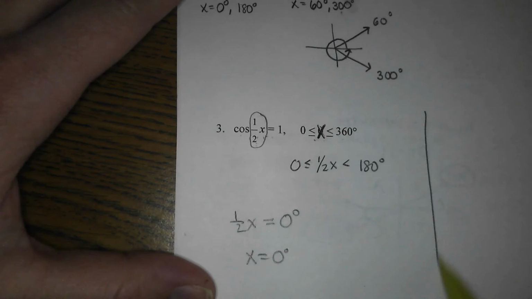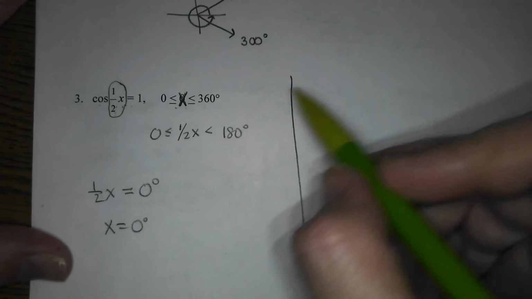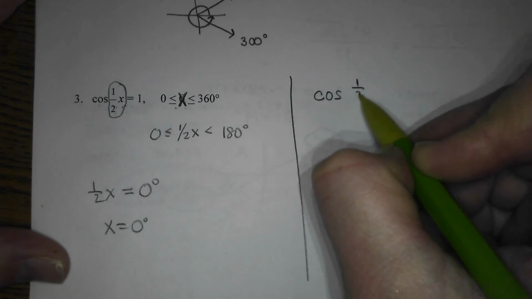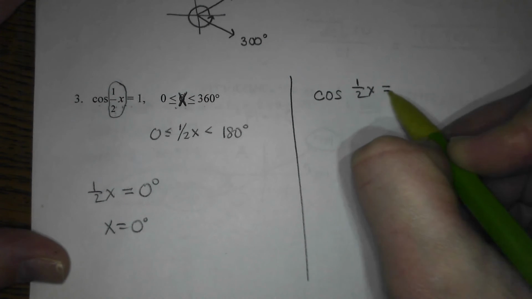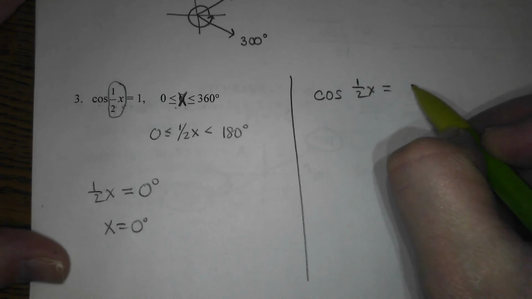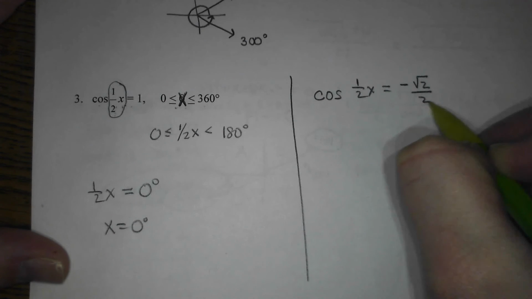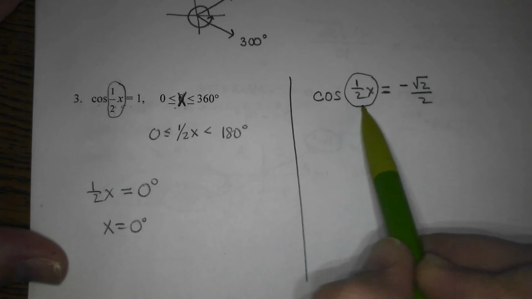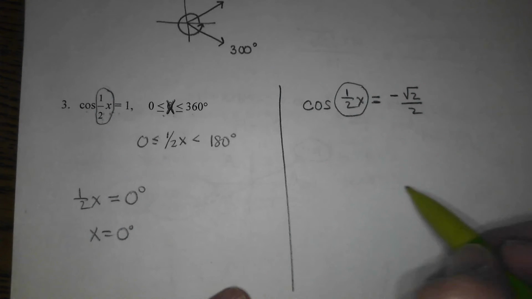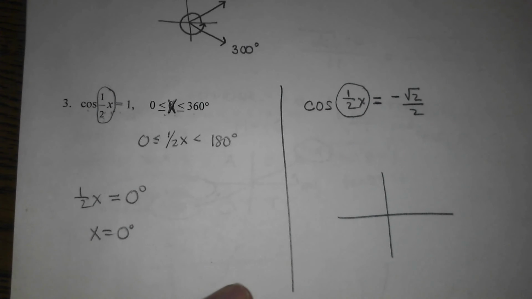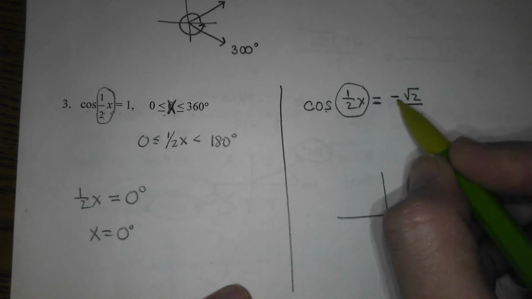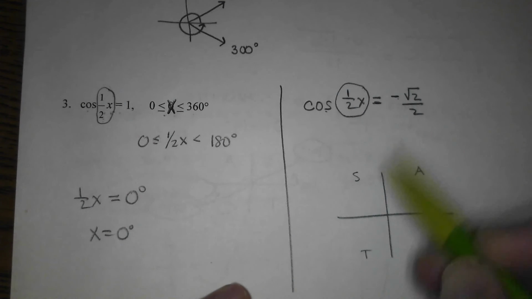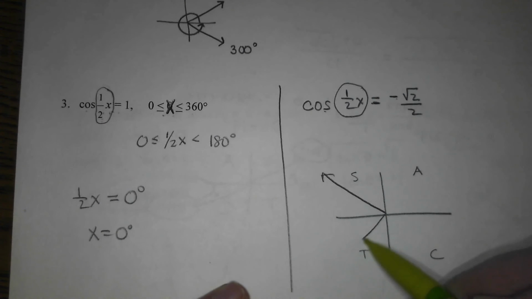So I'll give you another quick example that's going to give you more than one solution. If I said the cosine of a half of x equaled negative root 2 over 2. What angle is the, well, first of all, what quadrants are we in when cosine is negative? 2 and 3.